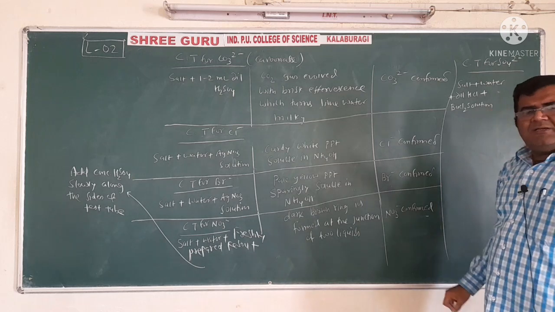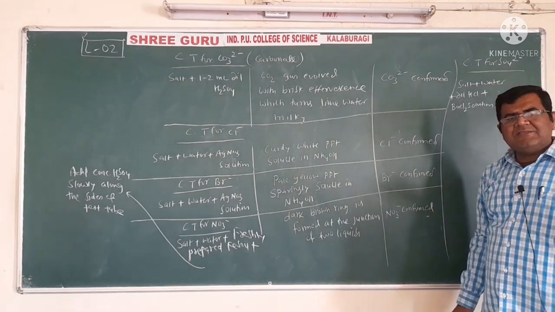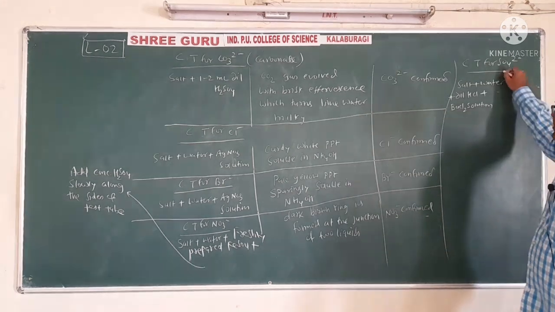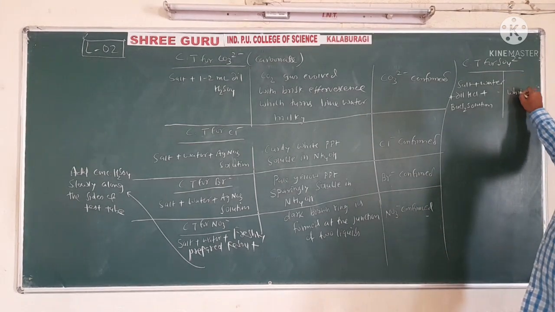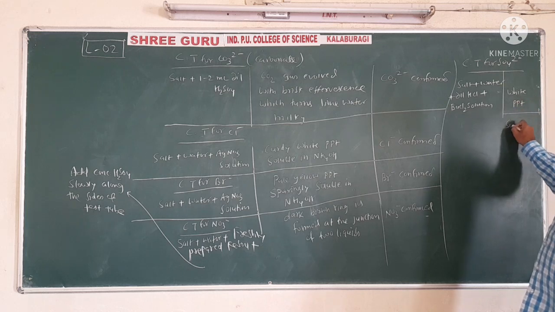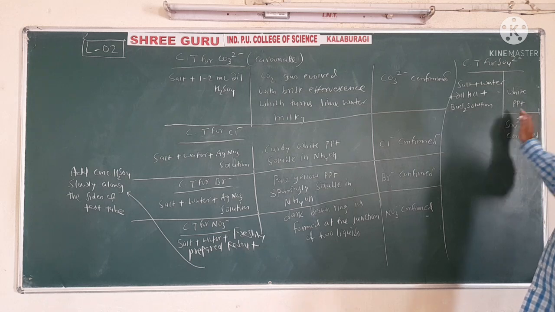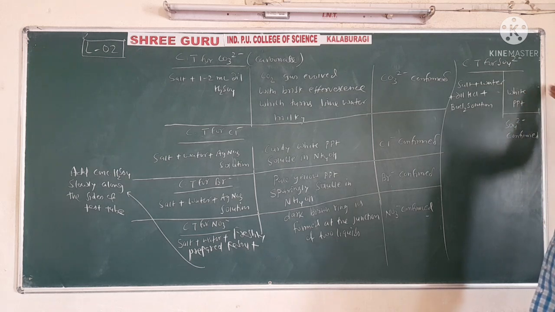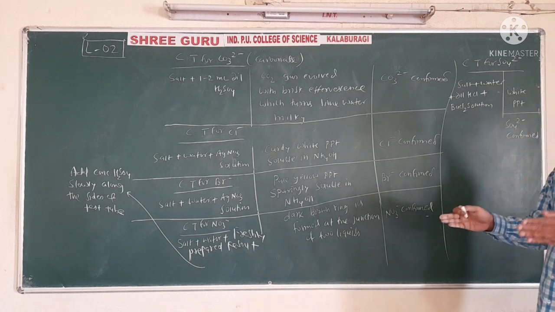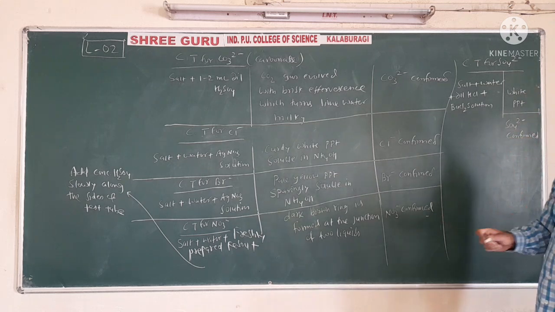You will get this in the side racks, or in front of your rack. Reagents are placed. What is your observation? You get white PPT. And what is your inference? Inference is sulfate is confirmed. Of course, you have to write this in the 3rd column, as place is not sufficient. First is test, another is observation, and 3rd is inference.